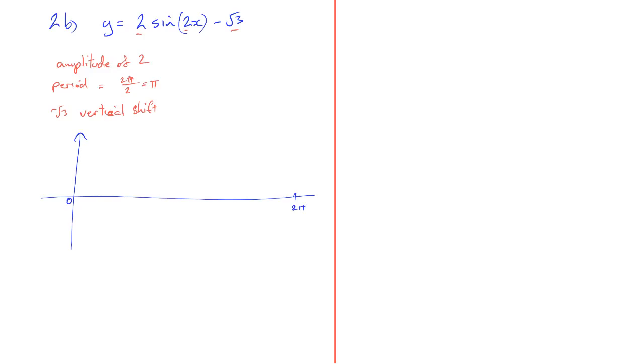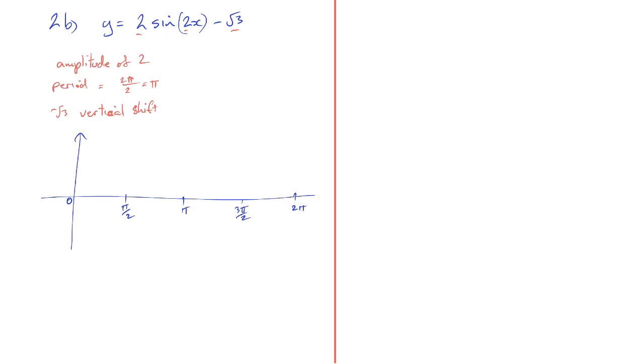They said, okay, the amplitude is 2. That's fine. We have a period of pi. Don't need to worry about that quite yet. We'll put in our basic marking, which is pi on 2 and 3 pi on 2.